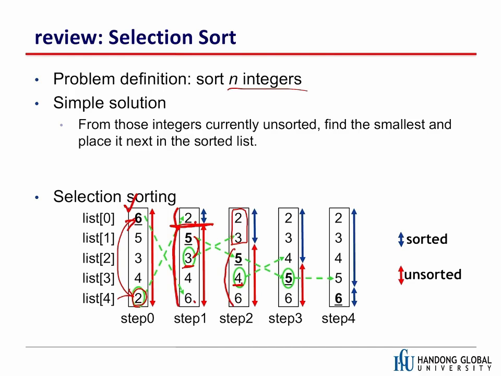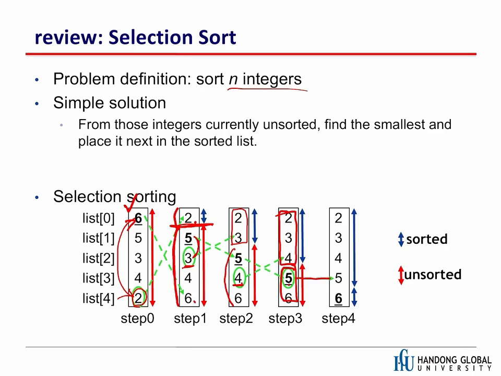So swap. Now we have a sorted list here and an unsorted list. From this unsorted list, find the smallest one, which is 5, and swap this 5 with the first element of this unsorted list, which is 5 itself.